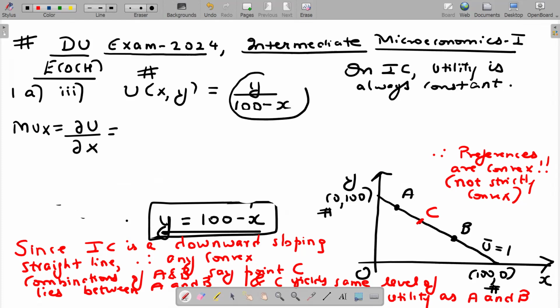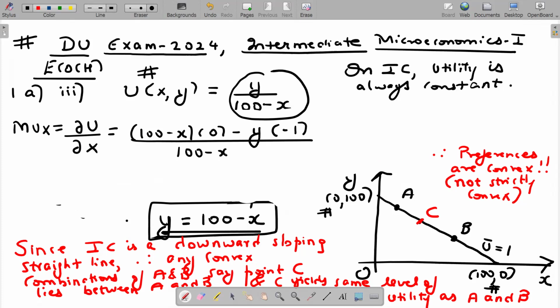If I differentiate this with respect to x, what do I get? I can use the quotient rule of differentiation. (100 minus x) into the derivative of y, which is 0, minus y into the derivative of (100 minus x), which is minus 1, over (100 minus x) square. What have I used? I've used the quotient rule of differentiation, which I have covered in my mathematical methods for economics course.